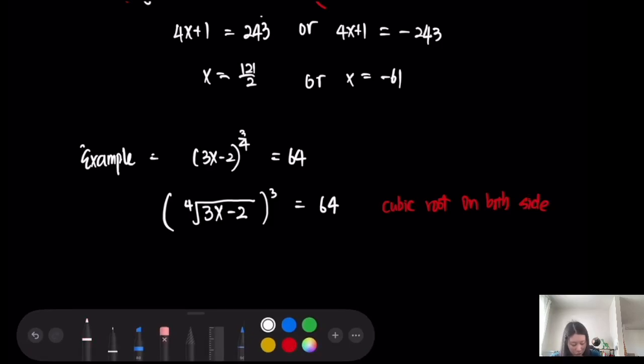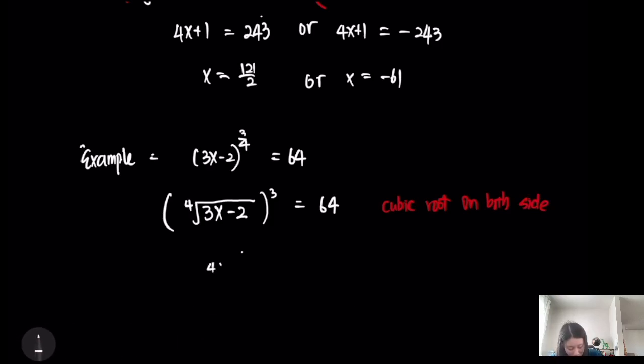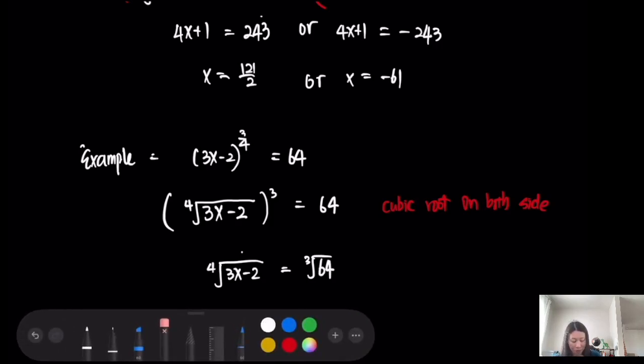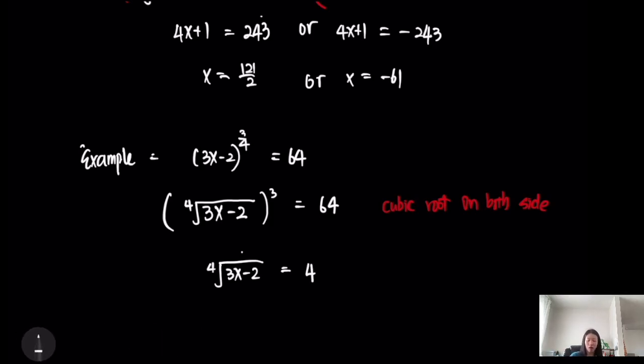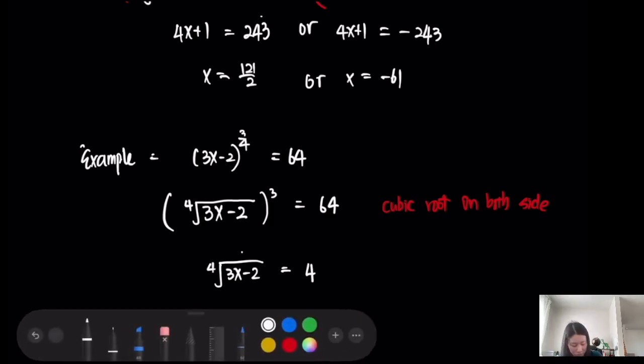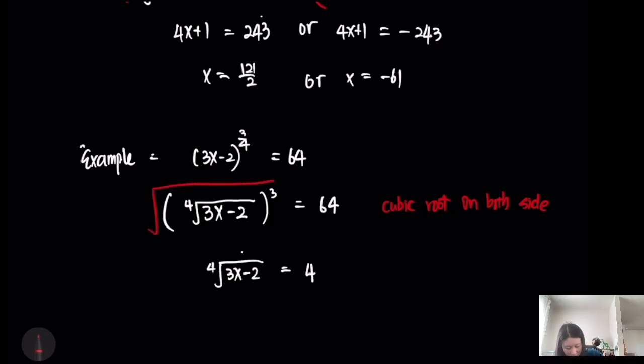So when you take the cubic root, I will have the fourth root of 3x - 2 equals the cubic root of 64. The cubic root of 64 is equal to 4. I'm going to write it as 4. Let's not skip that.